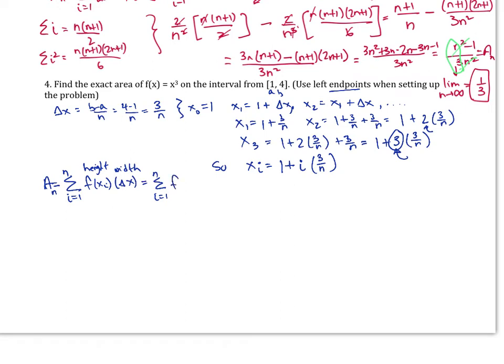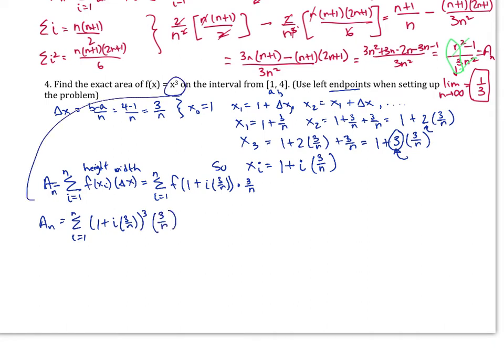And this is f of this 1 plus i times 3 over n, like that, times my delta x, which is 3 over n. So this becomes the sum from i equals 1 to n of 1 plus i times 3 over n, cubed, times 3 over n, because I put it into my equation right there.